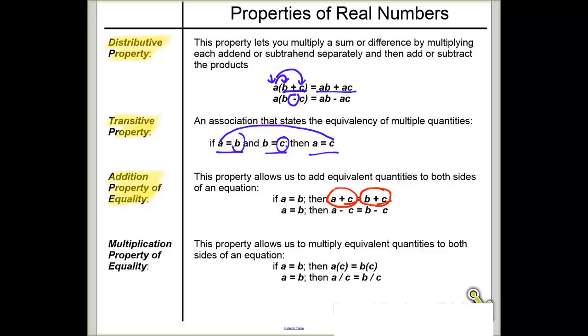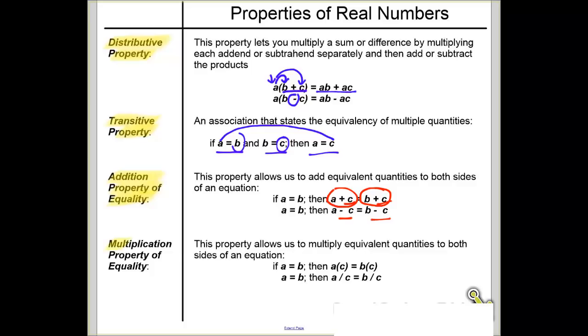That's what the addition property of equality tells us. If they're equal to begin with, then adding equal amounts to both sides, they'll still be equal. Now there is a subtraction part to this. Every subtraction can be rewritten as an addition problem. However, nowadays we do refer to this as the subtraction property of equality, but I'm not actually going to write that on there. Just be aware that if you see the words subtraction property of equality, that's what it's referring to.